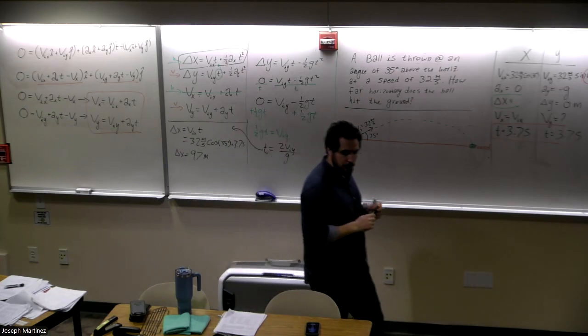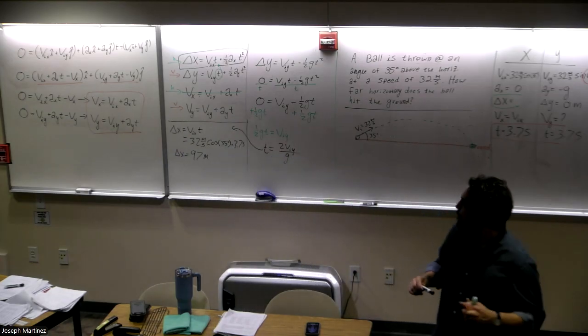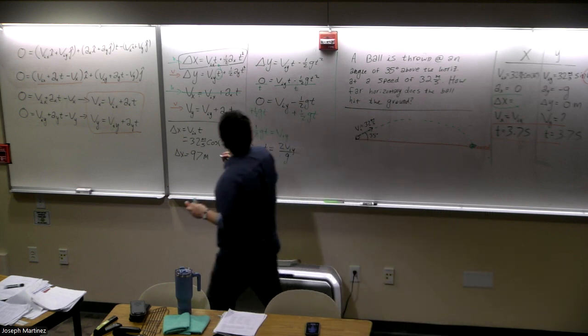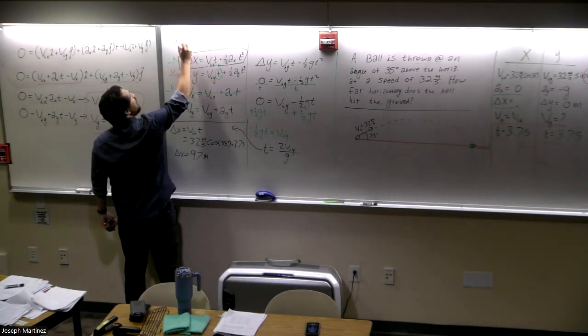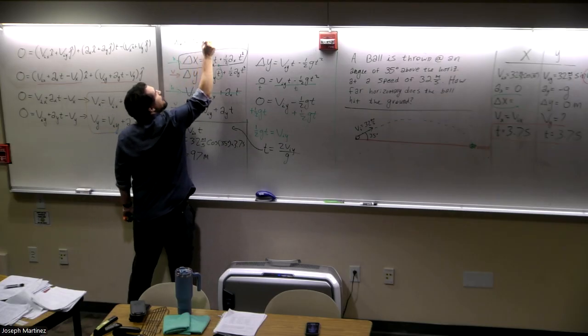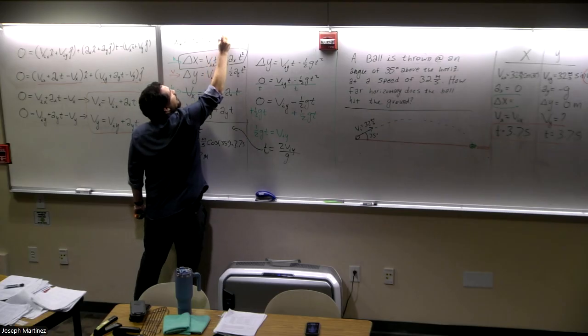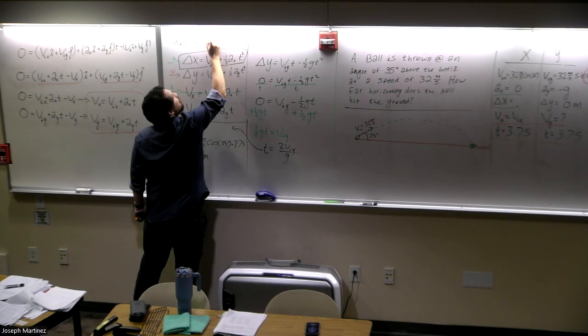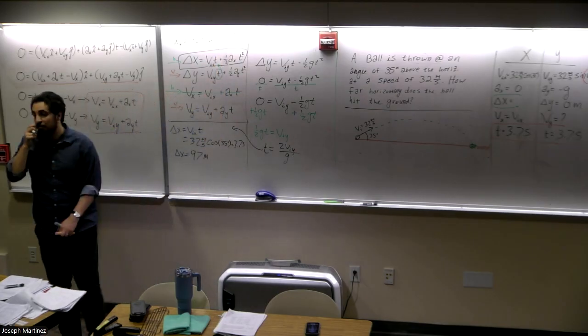Yes? How did you get the simplified delta x equation where it's just v initial x? What this equation comes from is that your final position is your initial position plus v initial t plus half a t squared. This is what's on your equation sheet.